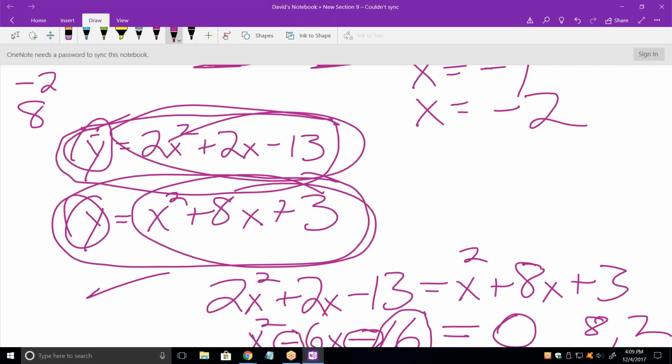So plug in -2 into equation 1 and tell me what you get for y. One term at a time. Figure out that term first. What's -2 squared? First of all, you do that term. Minus times a minus is a plus, so 4.